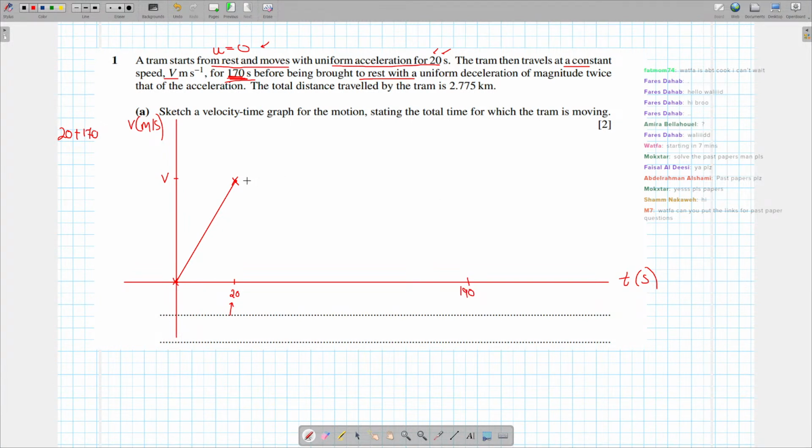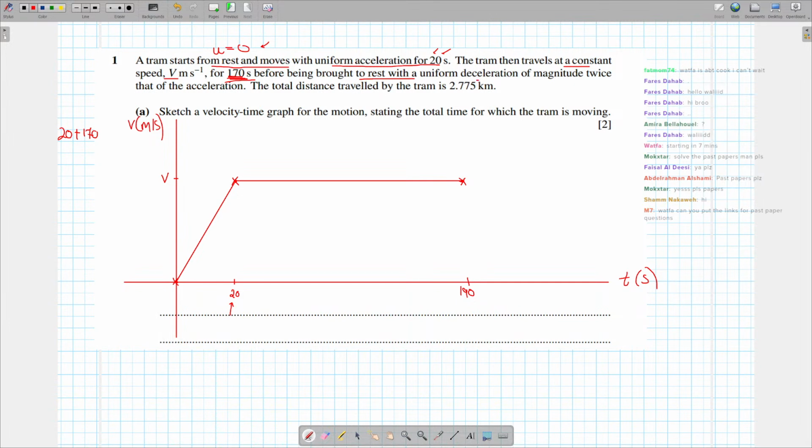So it stays at this constant speed until 190, for 170 more seconds. You're going to connect these 2 points with a ruler, of course. This should be a bit higher. There you go. Over here, like this.